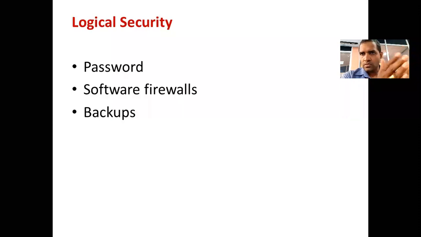Since it is not a physical component, it is a logical security method, right? A software firewall is a logical security component. It does the same thing, I don't want to explain the function of a software firewall again. It prevents unauthorized people from accessing your computer or your network, right? This is firewall, but it comes under logical because it's not a physical thing.